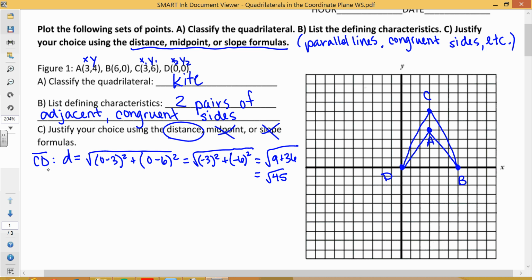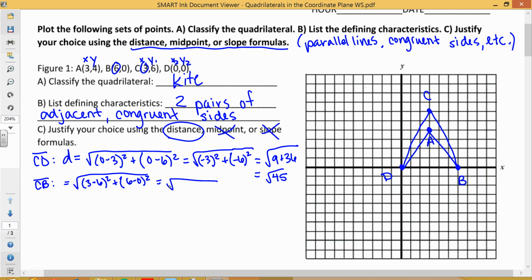So then I'm going to find side CB and see if they are the same. So C is this point and B is this point. So again, I'm doing the distance formula. And so I'm going to have x2 minus x1. So 3 minus 6 squared plus, and then I have 6 and 0, so 6 minus 0 squared.